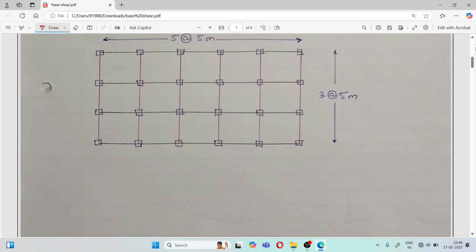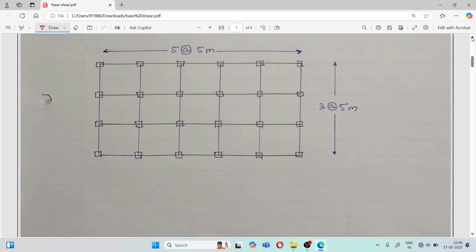So that is the simple plan we have here. You can see there are 5 bays, 1, 2, 3, 4, 5, and each bay is having a length of 5 meter. And in this direction there are 3 bays, each bay is of 5 meter. So this is how the plan is.